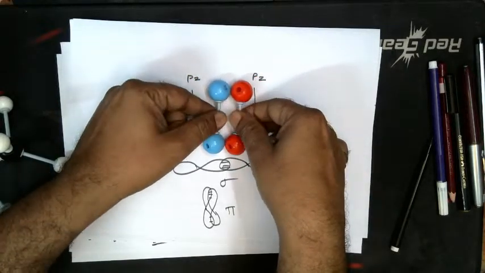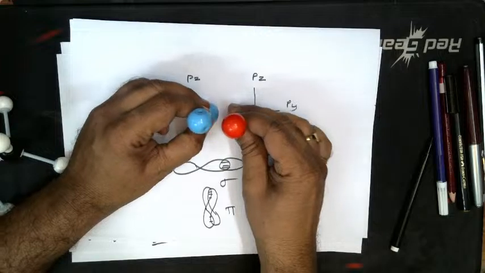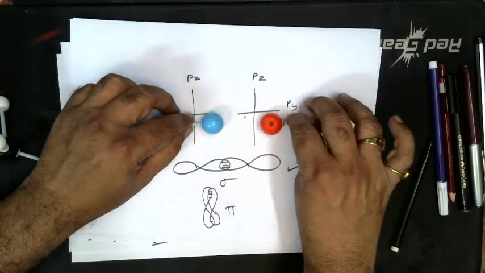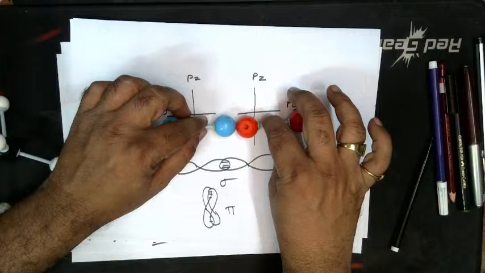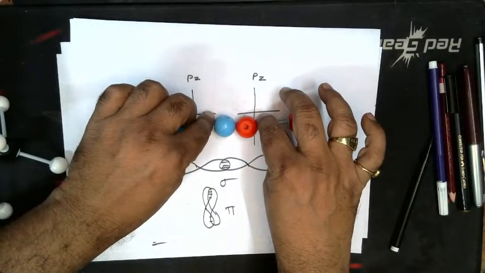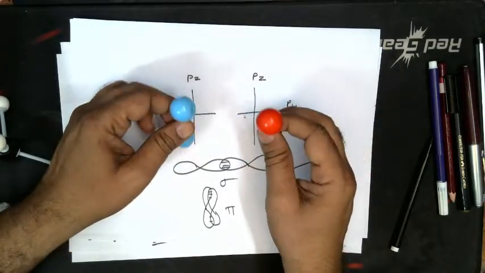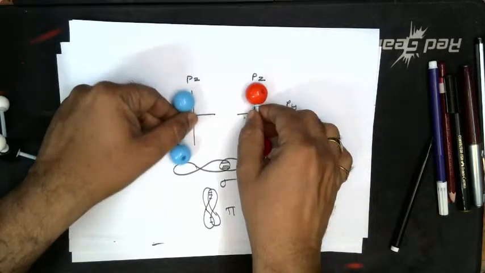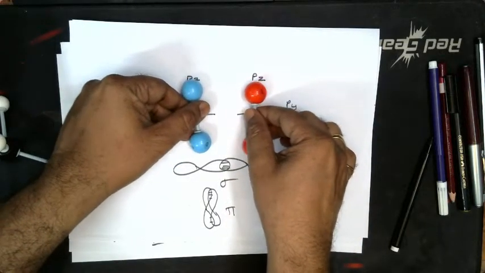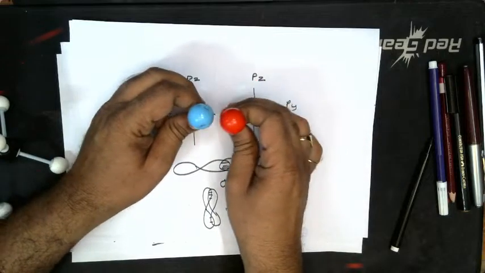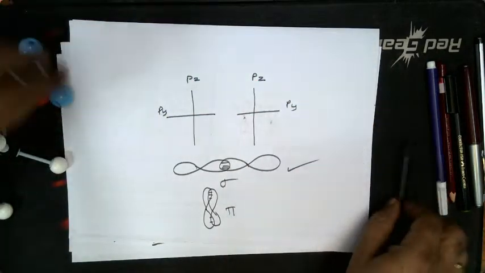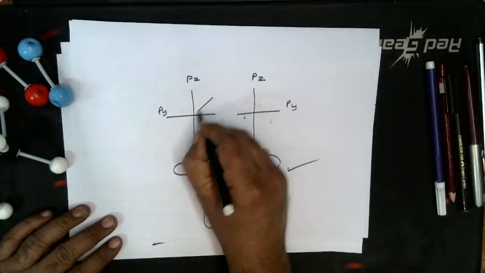This is one type of pi bond and this is the second type of pi bond. And this is the sigma bond. So there are two possibilities: one is the sigma bond, another is two possible pi bonds, sidewise and this sidewise.